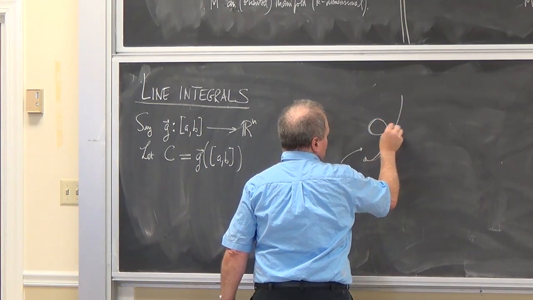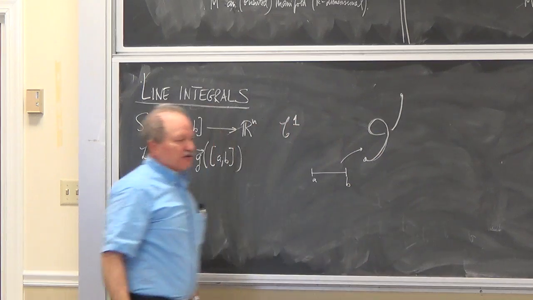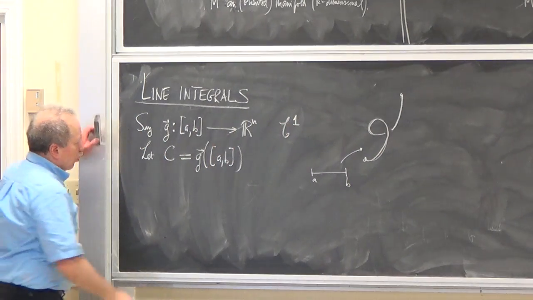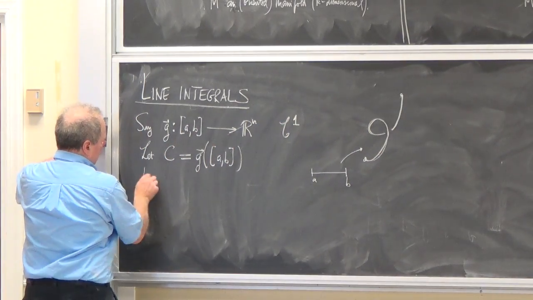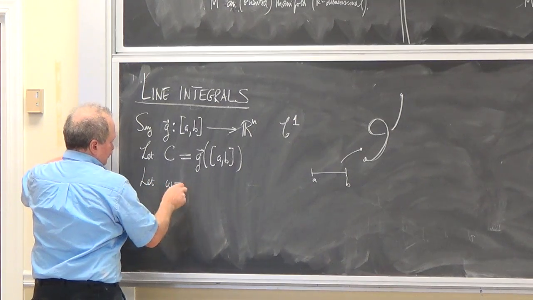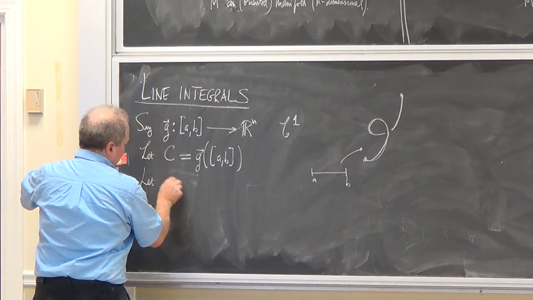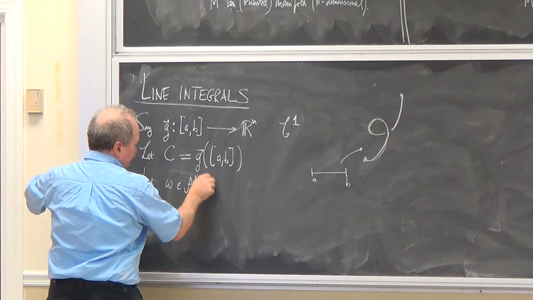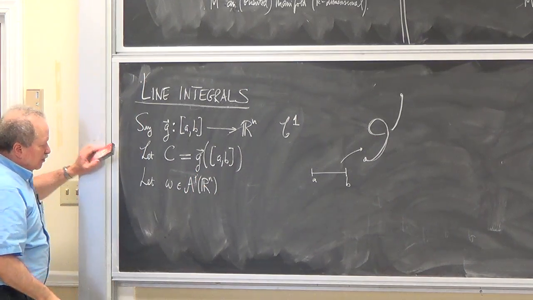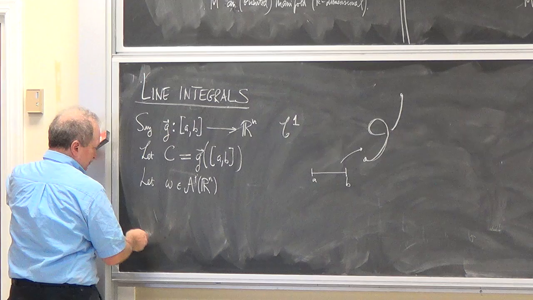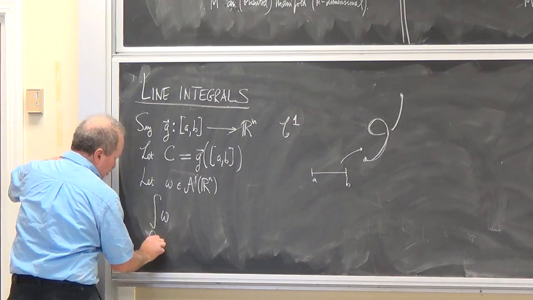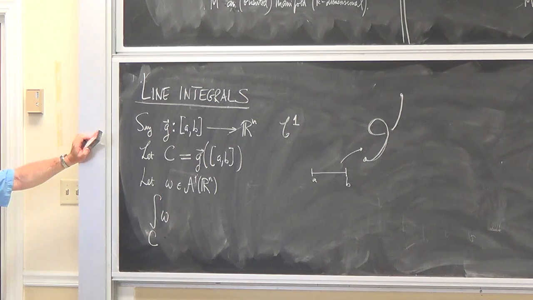So you have a parameterization of some weird curve, and if I take a one form on R^n, then I ought to be able to define how you would integrate the one form on the curve C. Okay?